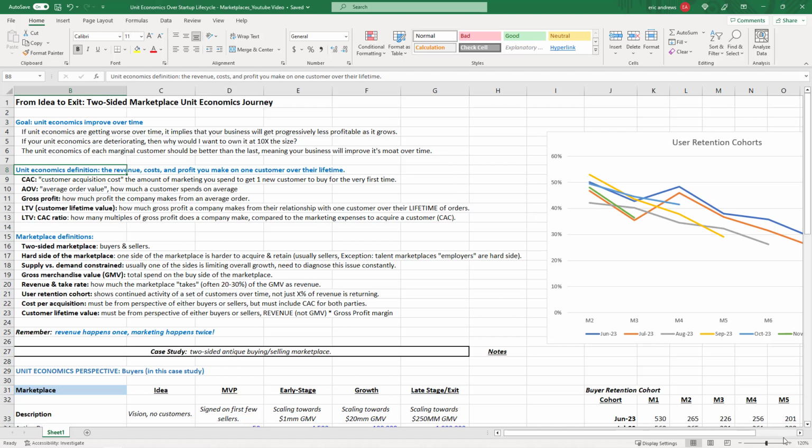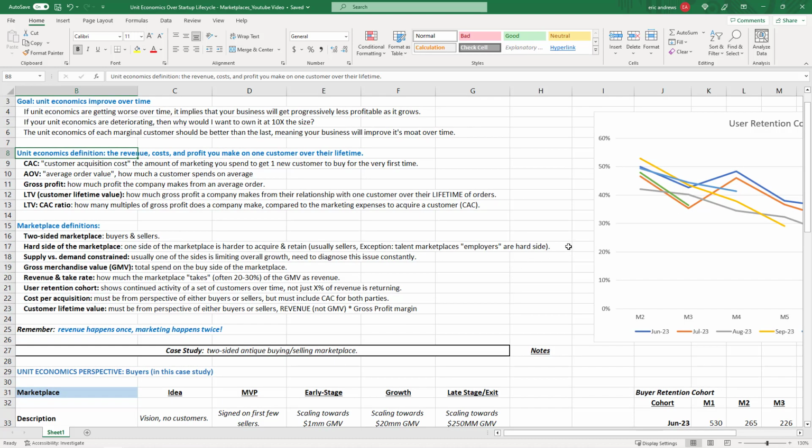The definition of unit economics is basically the revenue, costs, and profit you make on one customer over their entire lifetime or relationship with your company. You have the marketing cost that you spend to get that one customer to buy for the very first time. That's called your CAC, your customer acquisition cost. AOV is how much your customer spends on average when they make one order.